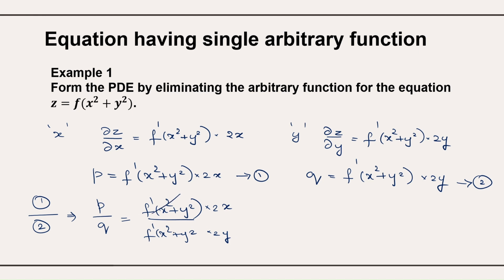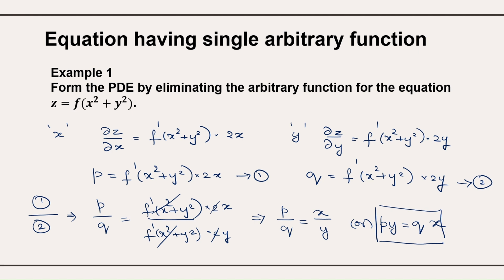So here this f dash gets cancelled, this 2 gets cancelled, which gives you p divided by q is equal to x divided by y. Or otherwise we can also have it as py is equal to q into x. So this is the partial differential equation we have obtained by eliminating the arbitrary function f here.